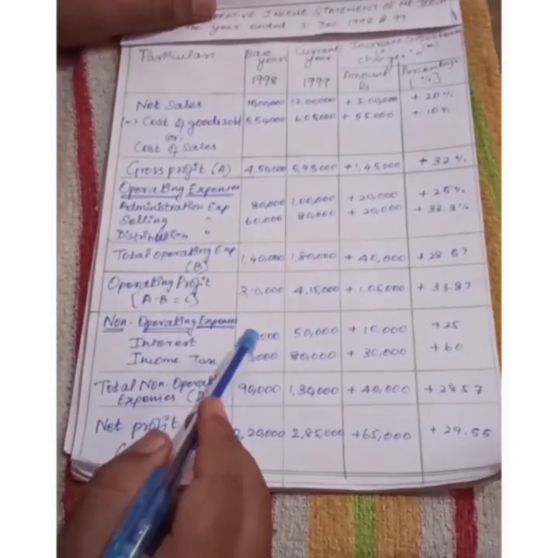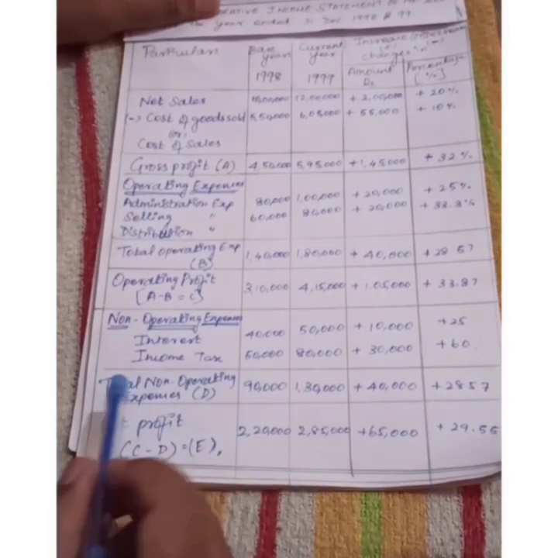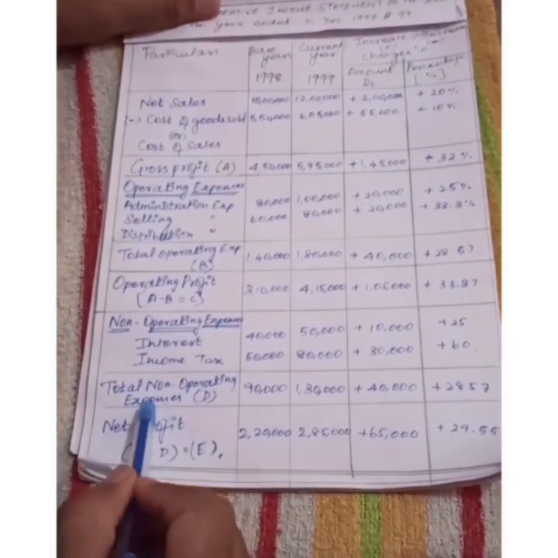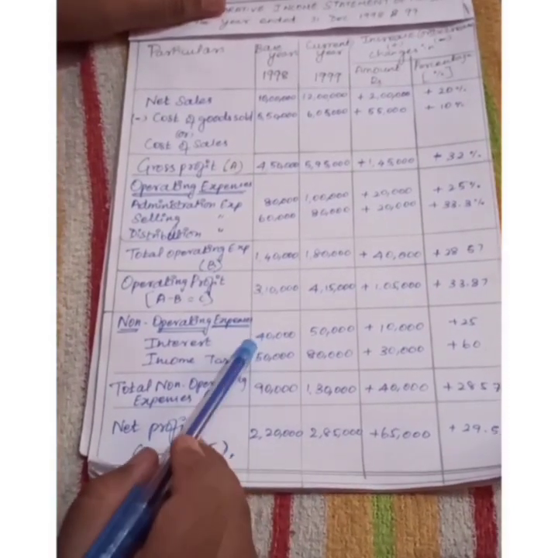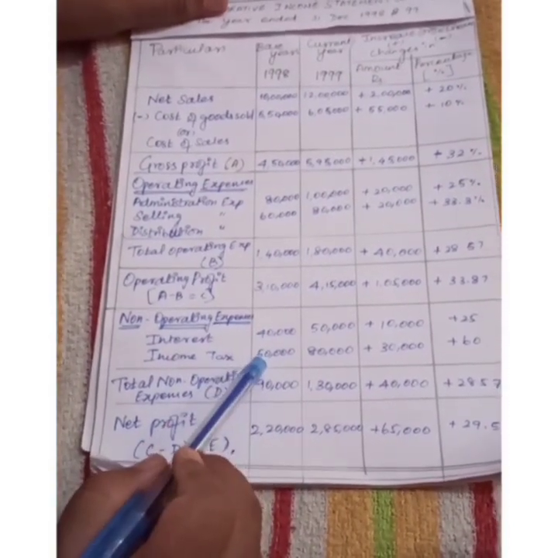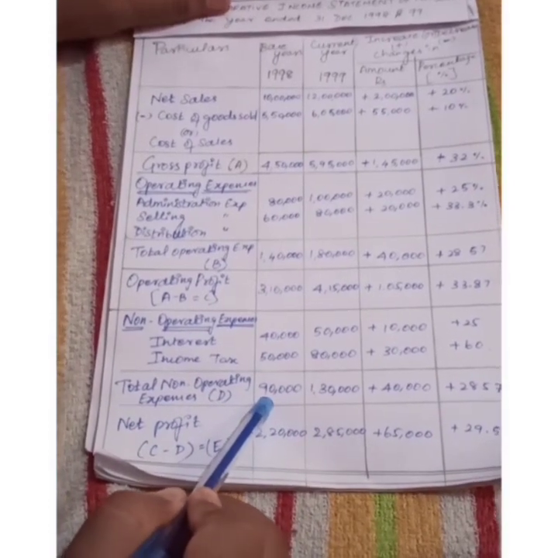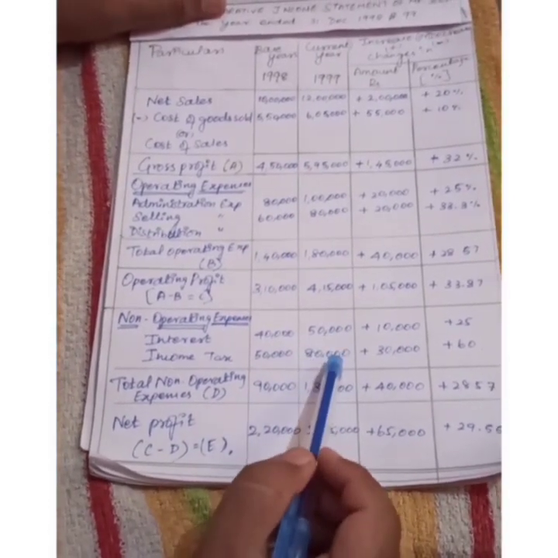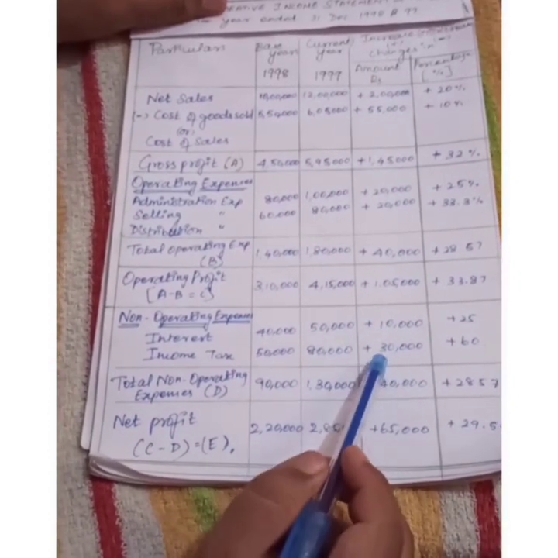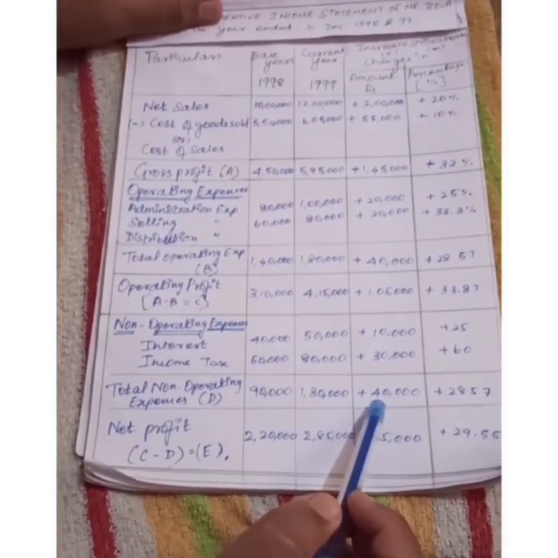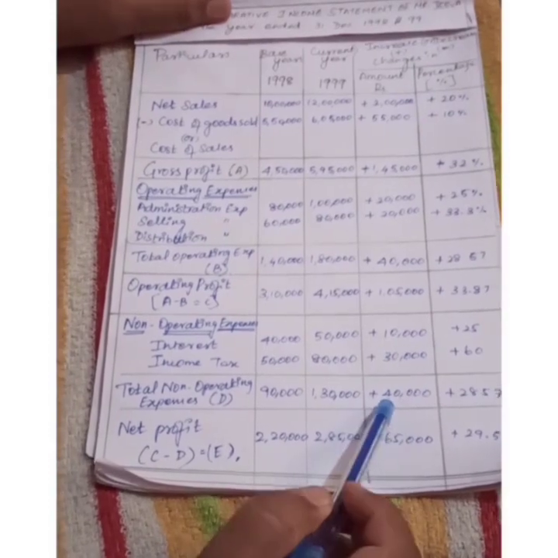Now the sum of non-operating expenses, you get total non-operating expenses that I specified as alphabet D. 40,000 plus 50,000 you get 90,000, and 50,000 plus 80,000 you get 1,30,000, and 10,000 plus 30,000 you get 40,000. But this is not the way.